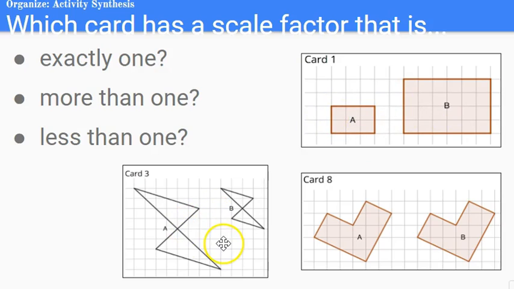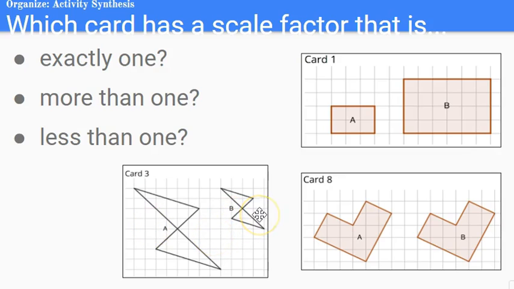Here, we know that this is less than 1 because we started off with 1 size, and then if we look at the figure that it makes in part B, we have something that's significantly less. In fact, if we look at the height, we have a height of 8 here and a height of 4 here. So this is less than 1 whole.